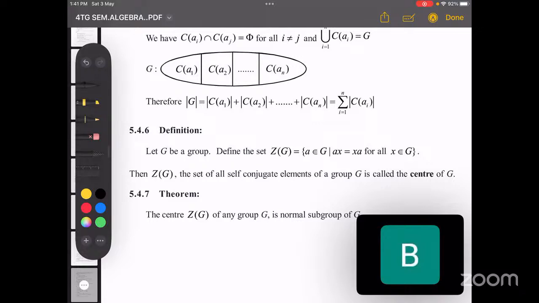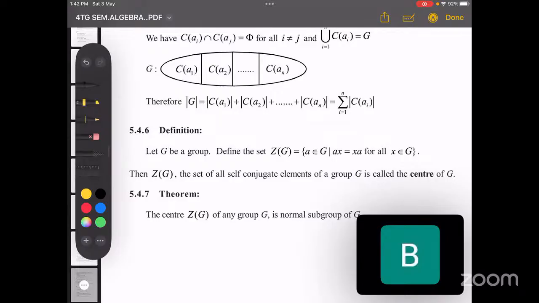The definition of the center of G will be asked, and the theorem 5.4.7 below will also be asked. So the definition is: let G be a group, define the set Z(G), called the center. Z(G) equals the set of a belonging to G such that ax equals xa for all x belonging to G. Here it satisfies the abelian, that is commutative, property.